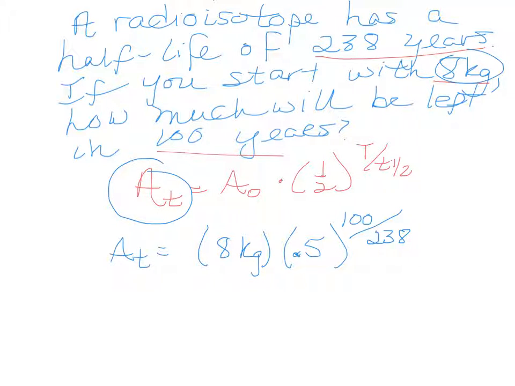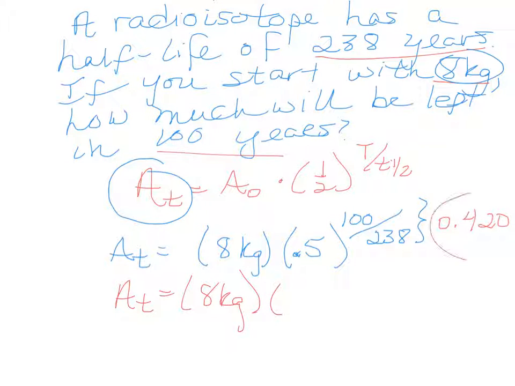So let's go ahead and calculate that. So let's see, 100 divided by 238 is equal to 0.420. Now I have to take 0.5 and raise it to that value. So now we have that the final amount is going to be 8 kilograms, and when I take 0.5 and raise it to the power of 0.420, I get 0.747.